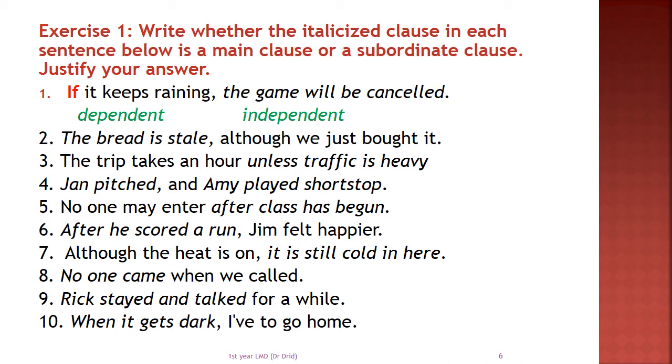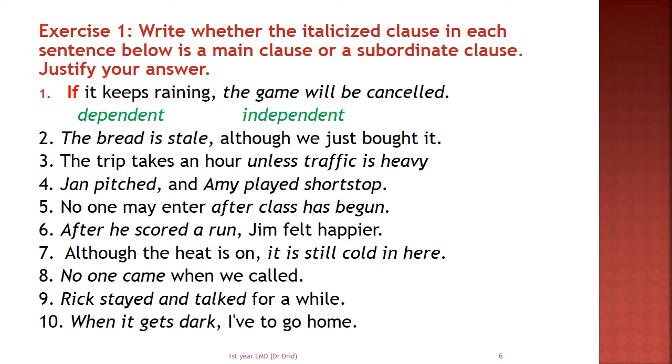You see clearly that we have two clauses because there are two combinations. It keeps, and the game will be cancelled. Two clauses. Now let's try to check whether they can stand by themselves. They don't need the other clauses, or they do. We test the first one.